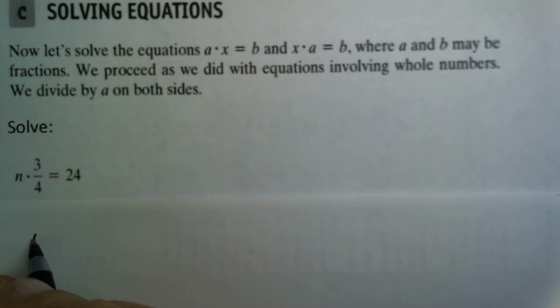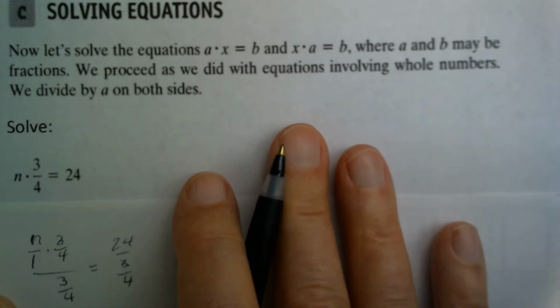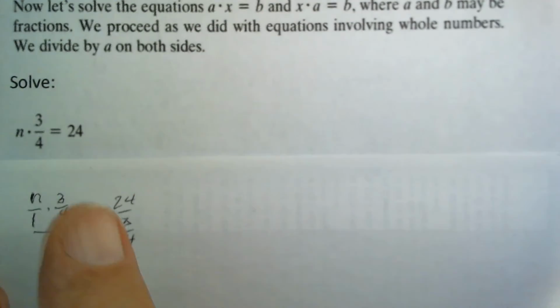So we have n divided by 1 times 3/4. So we divide the whole left side by 3/4. And of course we divide the right side 24 by 3/4 also. So that means then on the left side, since the 3/4 cancel, we have n. We've isolated n.